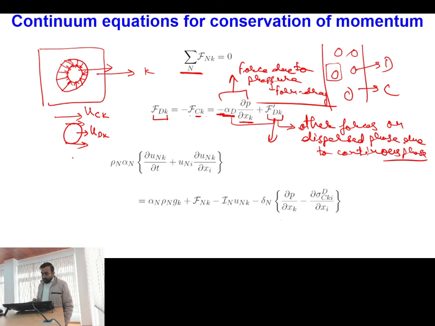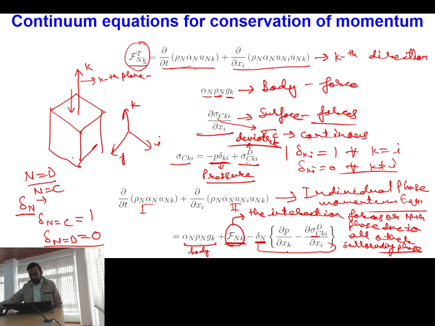Now, if I do a little bit of tweaking with the equation, in my previous equation I have split these terms: rho n, alpha n, u n k and u n I. I have split them into two parts and applied the method of variable separation to find the differentiation.